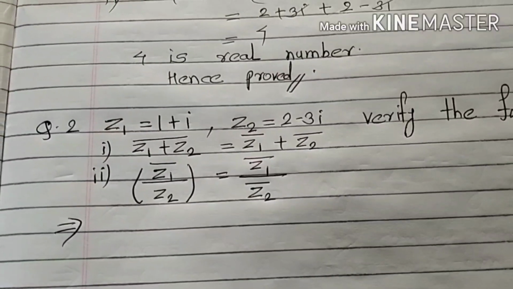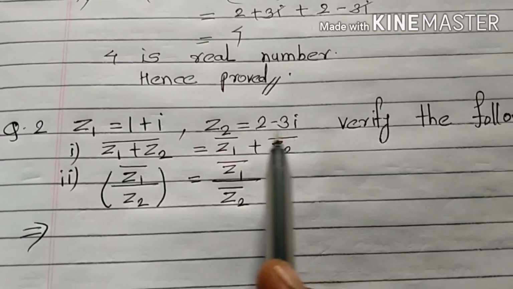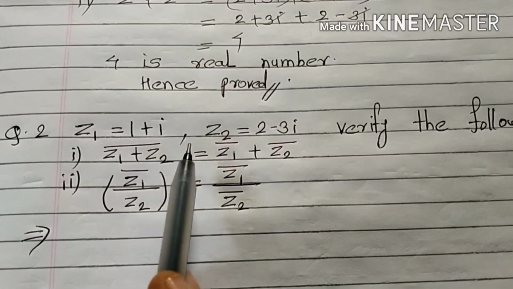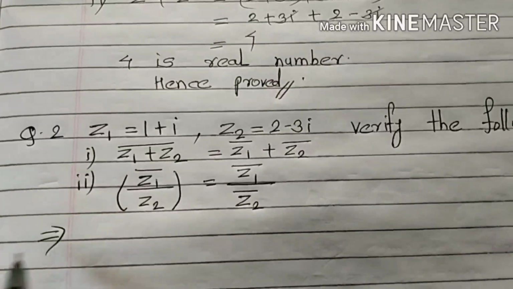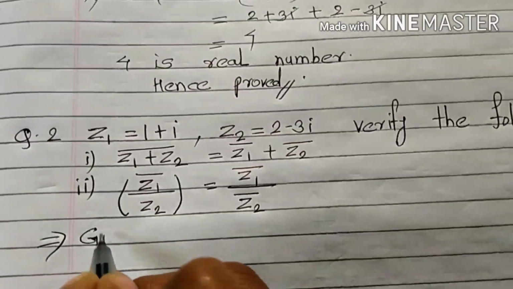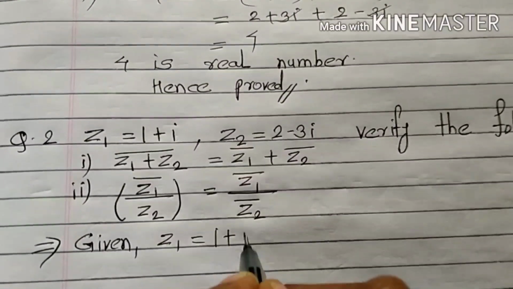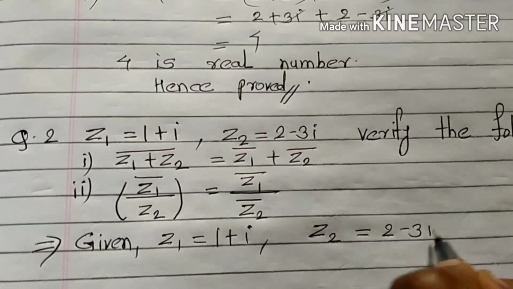Now our next example: z1 is equal to 1 plus i, z2 is equal to 2 minus 3i, then we have to verify this. Here, first: bar of z1 plus z2 is equal to z1 bar plus z2 bar. First write the given: z1 is equal to 1 plus i, z2 is equal to 2 minus 3i.